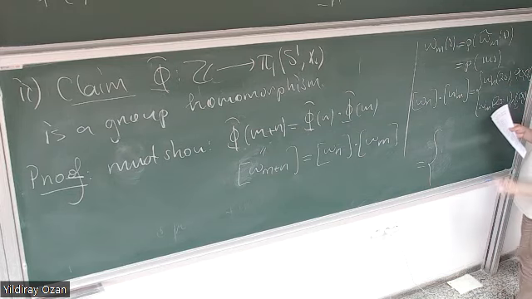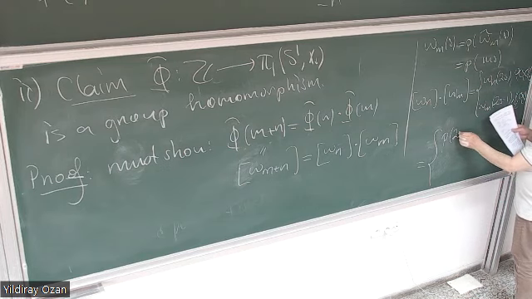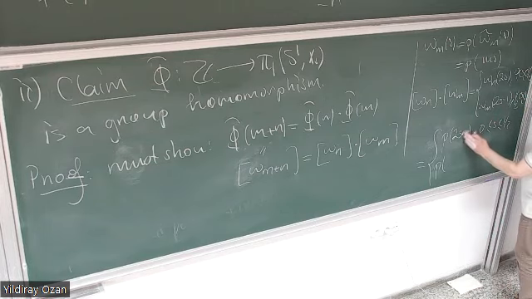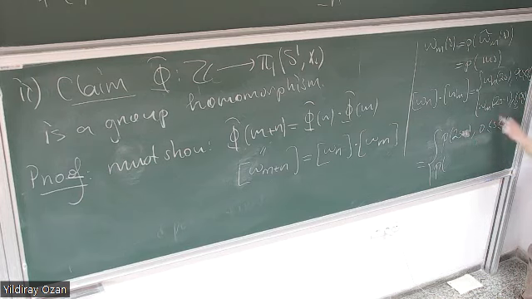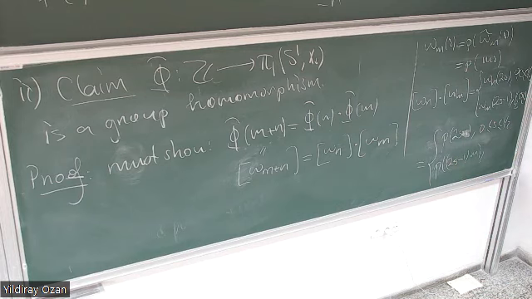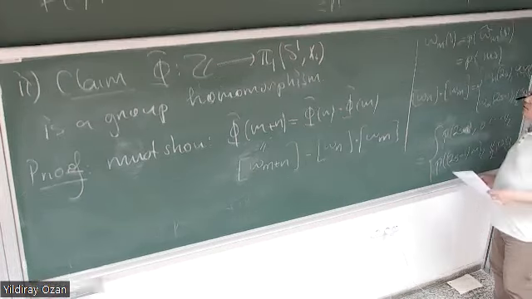Instead of this, I can just write p of 2sn, and this is p of 2s minus 1 times m, when s is between 1 over 2 and 1.